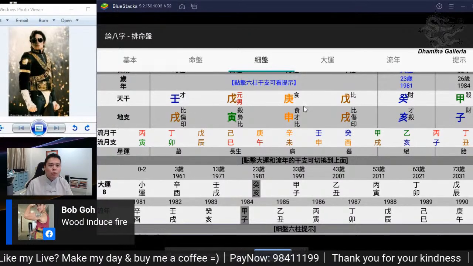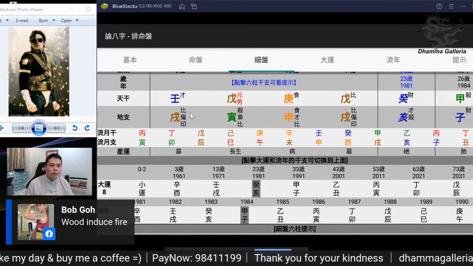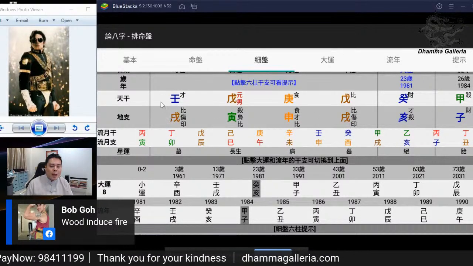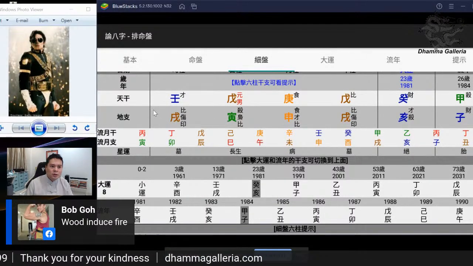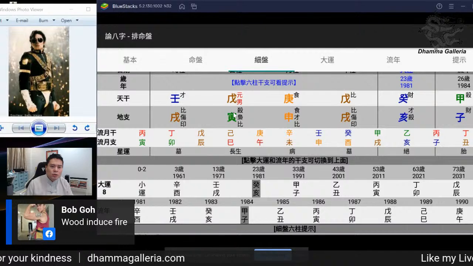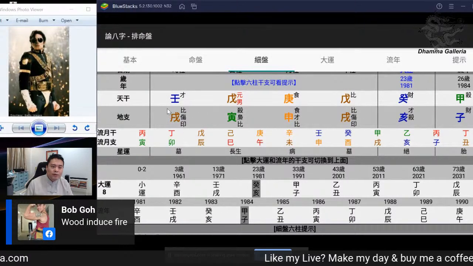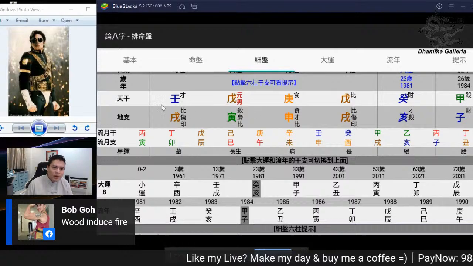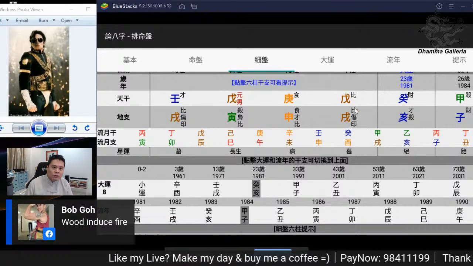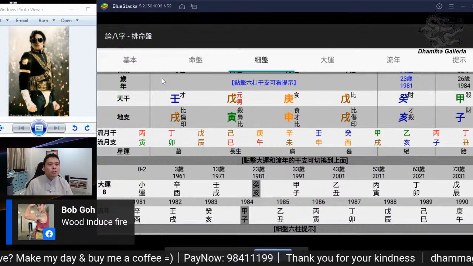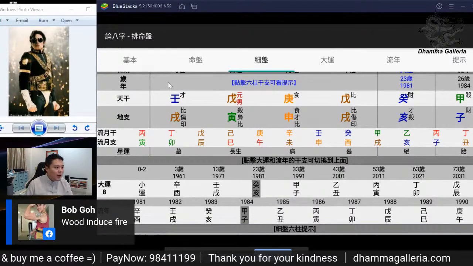And for someone who has a birth chart with a strong presence of the fire elements, what will happen? Remember, I mentioned earlier on, 寅午戌画一个火局，寅午戌 forms a fire combination formation, right? There are two of them, two fire combination formations within this birth chart. Thus, Michael Jackson's birth chart is actually filled with fire.